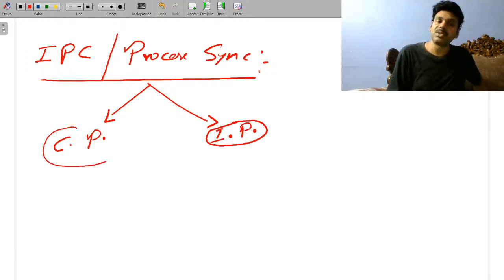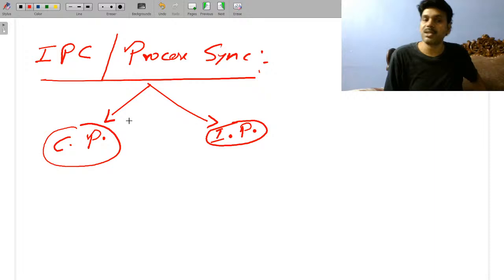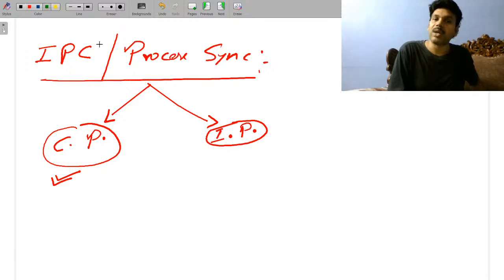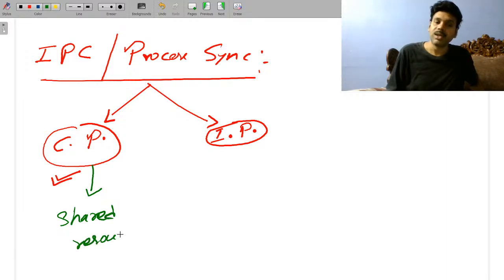So this inter-process communication or process synchronization is mainly for cooperating processes only. Because cooperative processes are mainly responsible for accessing the shared resource, and everybody knows about others, how many times I am preempting others or being preempted by others. So that's why process synchronization we speak of 100% towards cooperative processes, not independent processes.